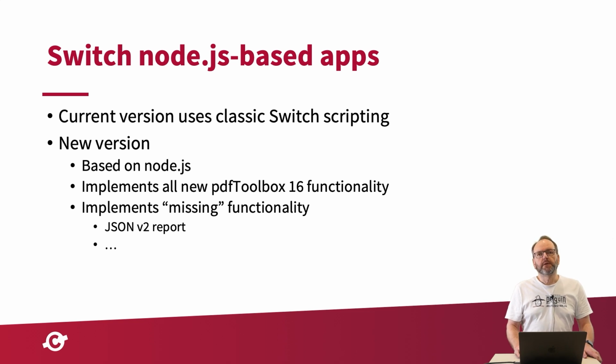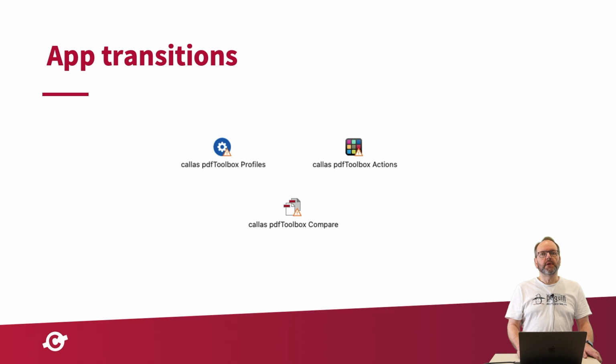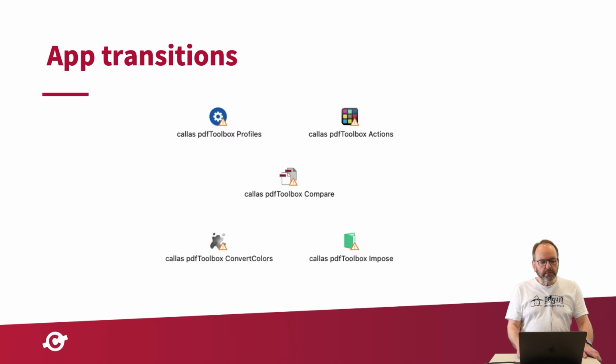More importantly, when it comes to imposition, is that where we used to have 5 callas apps or pdfToolbox related apps on the App Store, there are only 3 of those left in this release of the apps. And for one of them that is not really important, the convert colors was already marked as deprecated, so you shouldn't have been using it anymore, and it can easily be replaced by profiles instead.